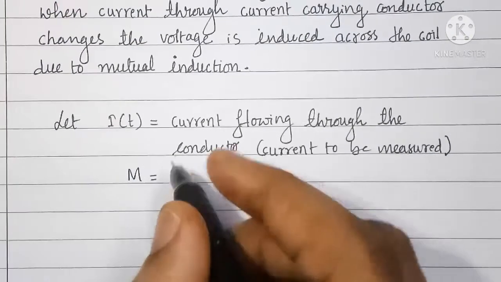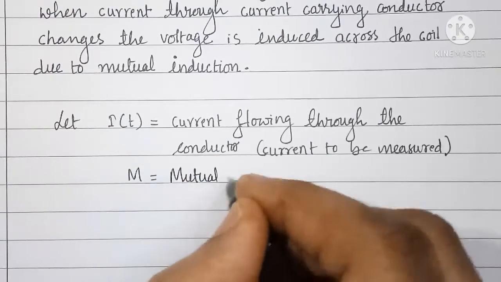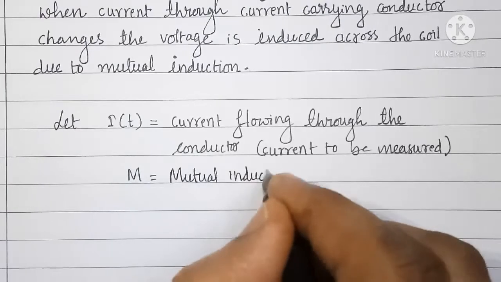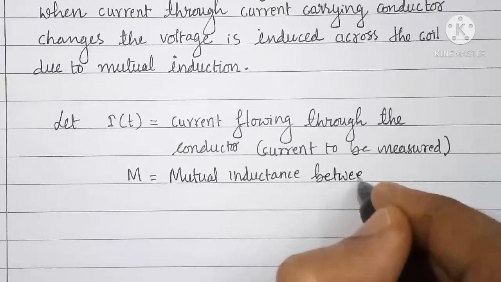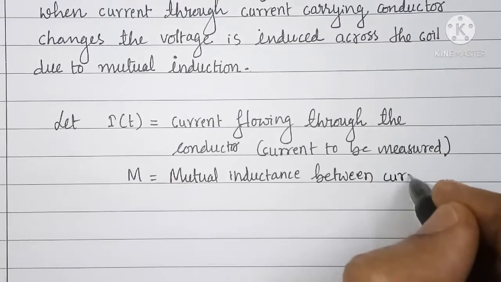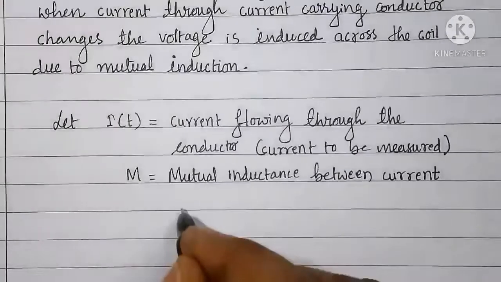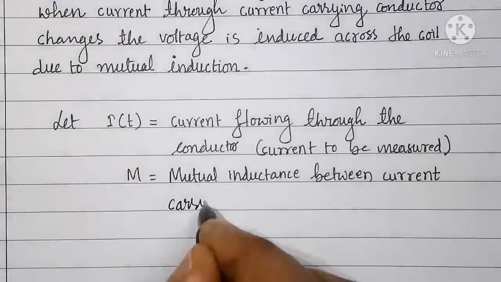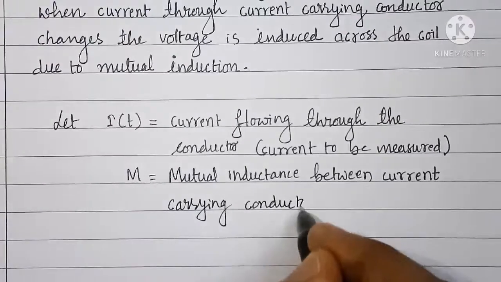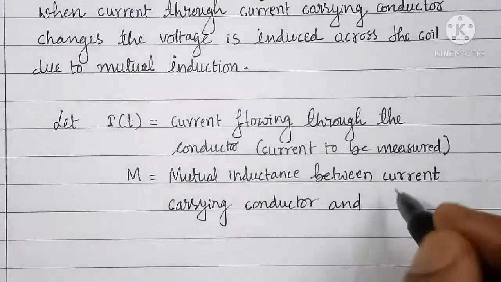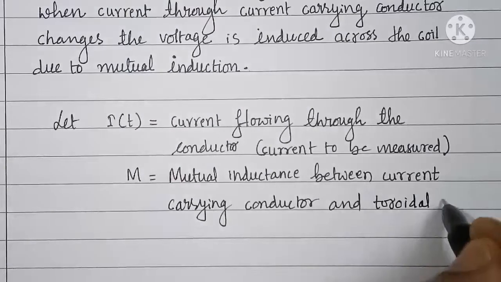M is equal to mutual inductance between current carrying conductor and toroidal coil.